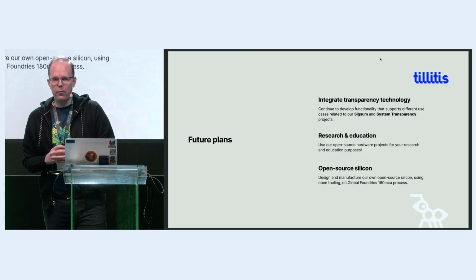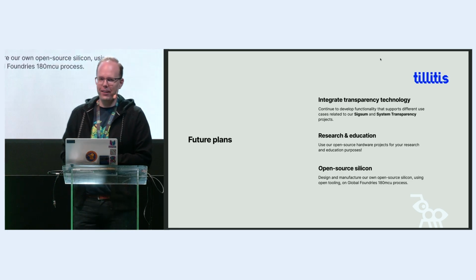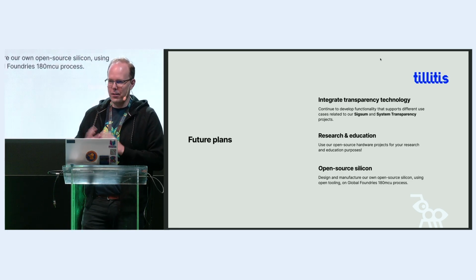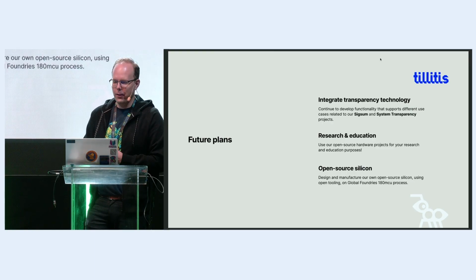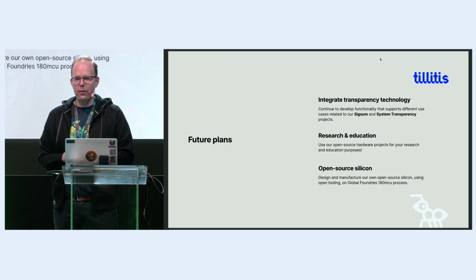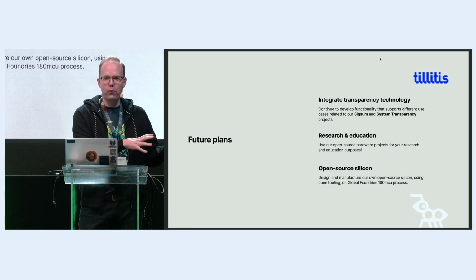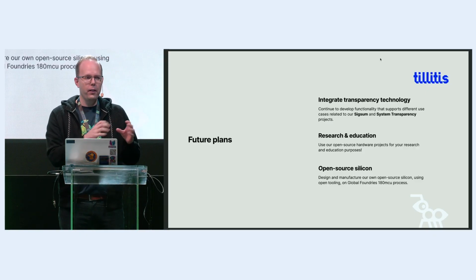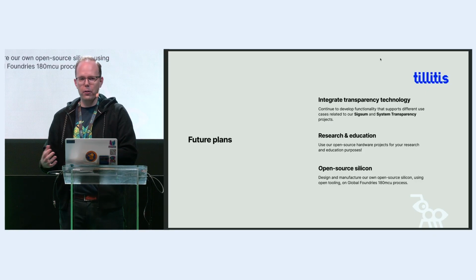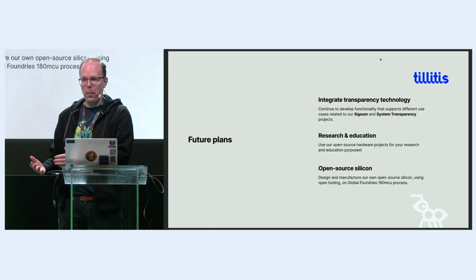So if you go to wafer.space, you can buy things from the GlobalFoundries 180 MCU process. And the reason you will be able to do that is because we are funding Tiny Tapeout to port their tooling flow from Skywater to GF180 MCU.